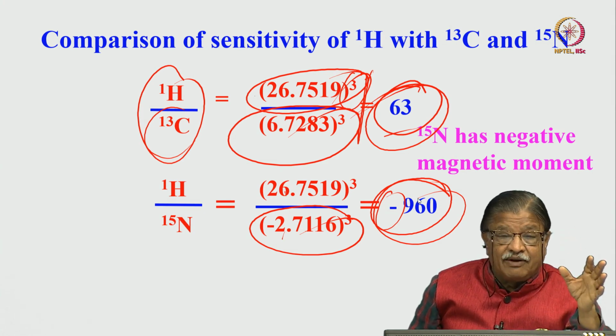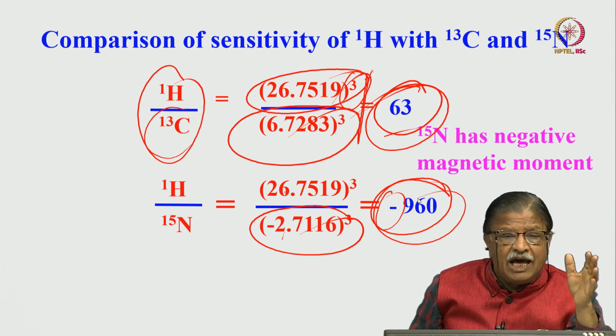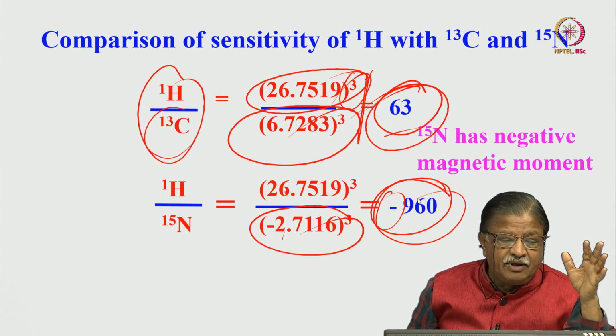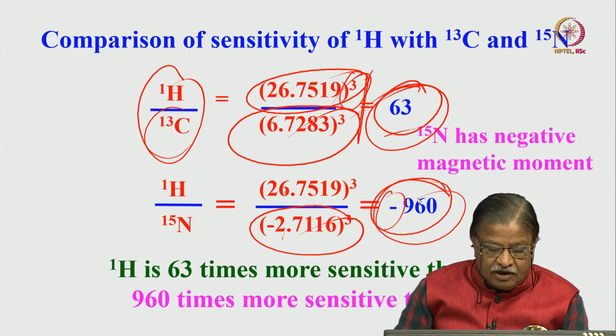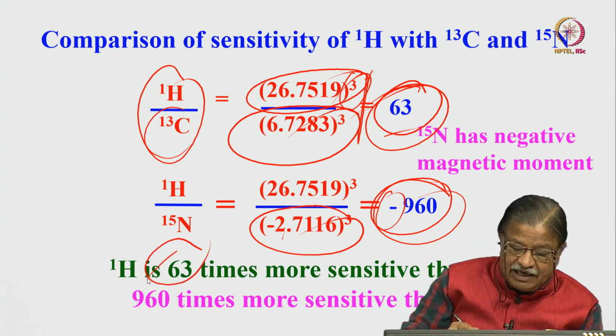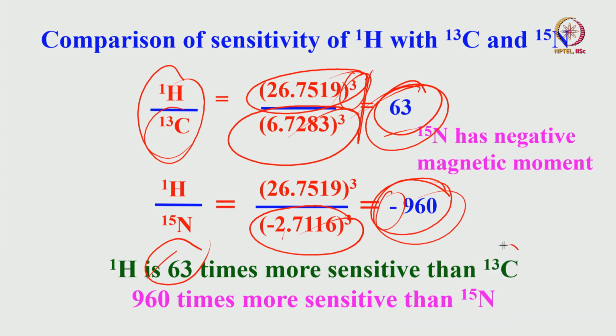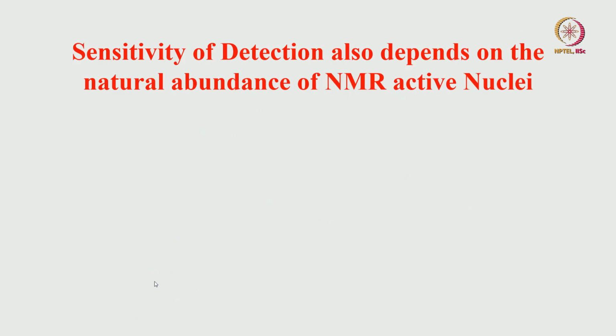Assuming that the number of nuclei, number of nitrogen, everything remains the same in a given molecule. So, this is the sensitivity factor coming into the picture. Carbon-13 is 63 times less sensitive compared to proton, and nitrogen is 960 times less sensitive compared to proton.